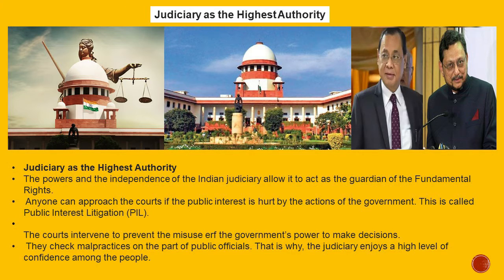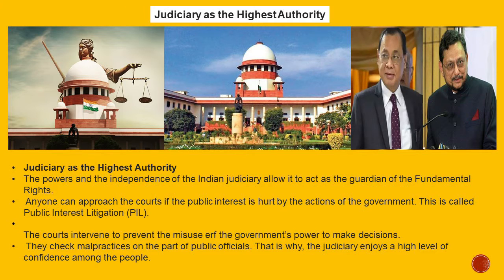So how can we be the guardians even if we are not a part of the issue which happened? You can approach the court, send a letter, send an email, or write a note, or even a normal postcard letter to the Supreme Court judge saying that this particular action of the government is against the interest and hurts the public interest.